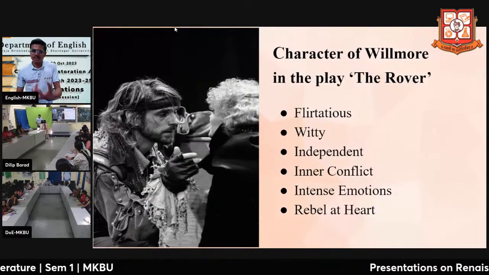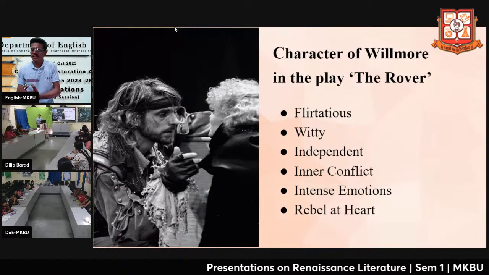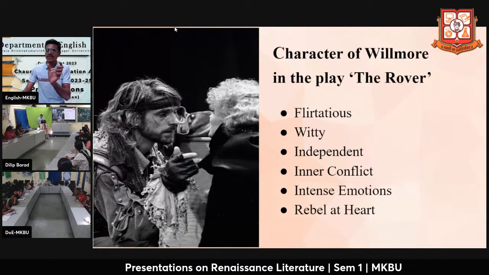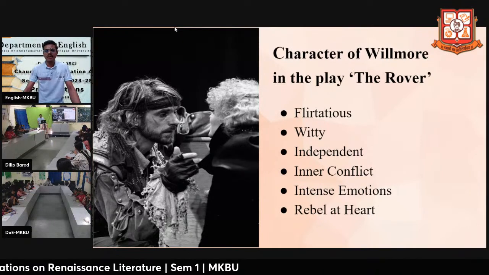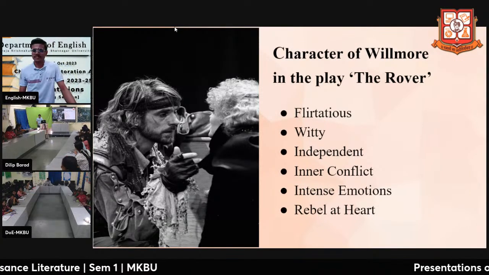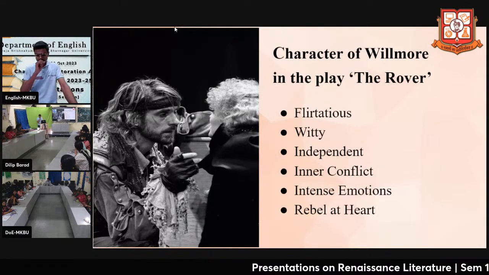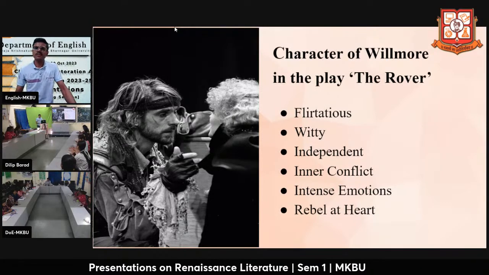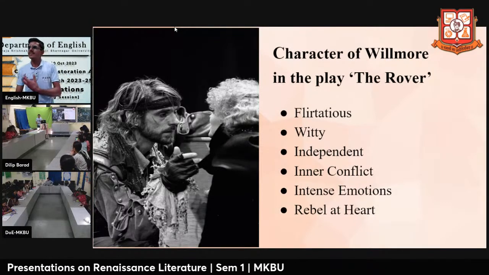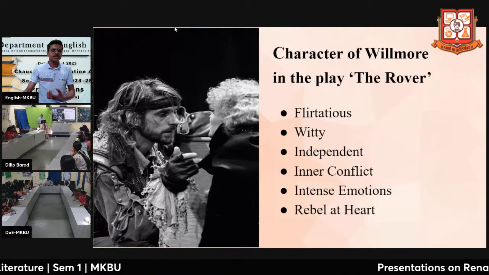Now, first of all, we look at the characteristics of Willmore, the major character, who gives the play its title, The Rover. So what characteristics do we find in Willmore? He's flirtatious. In the play, we find he is flirting with Angelica and Helena, whenever he finds a female character.